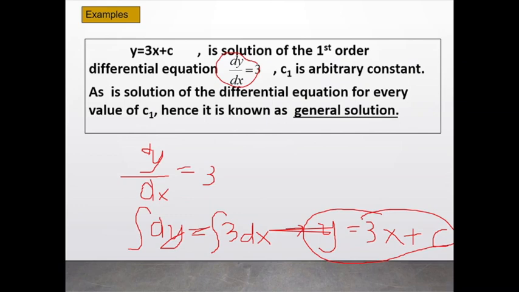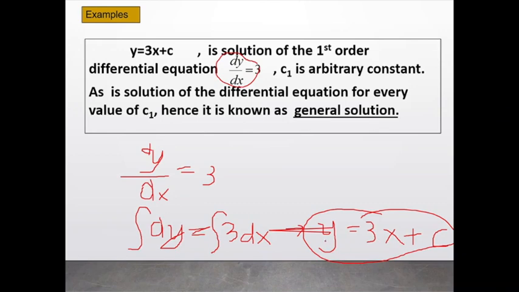Here the c, or the arbitrary constant, is not known, it's unknown, so therefore this is a general solution. We solve for the particular solution if we assign values for y and x, which is given in the conditions of the problem.